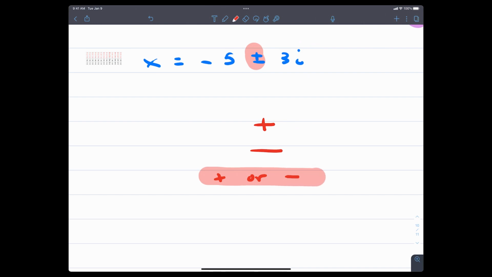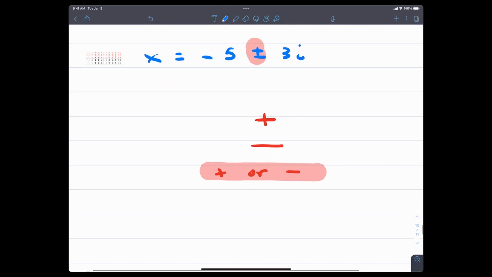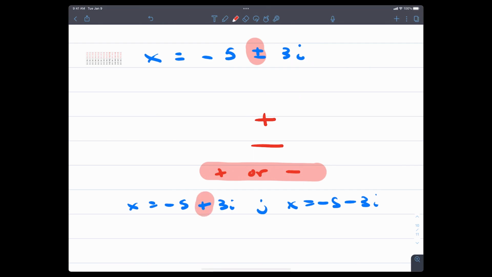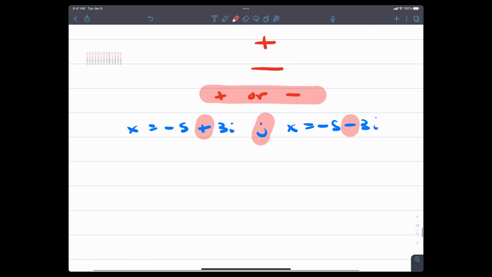So in one case, it means to do what? You add: x is negative 5 plus 3i. And in the other case, it means you what? Subtract. This is the plus, or this is the minus, right? You guys know that's your or. So you have two solutions again.